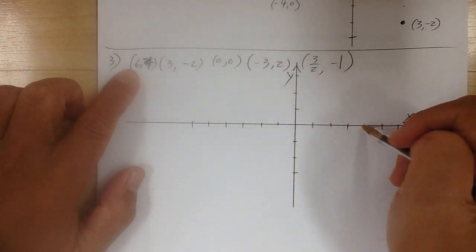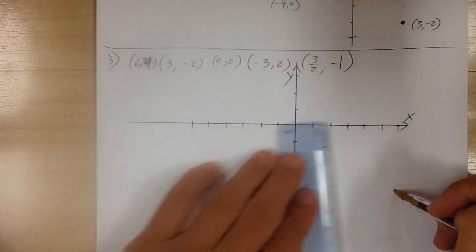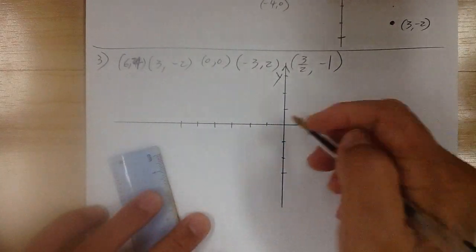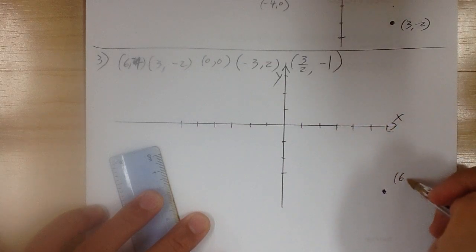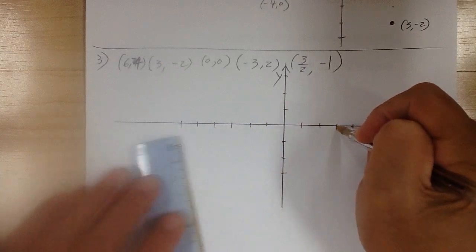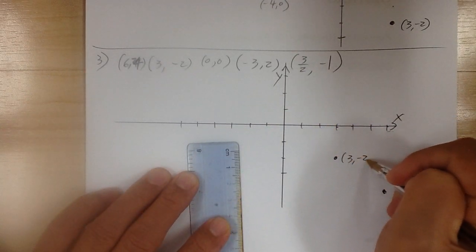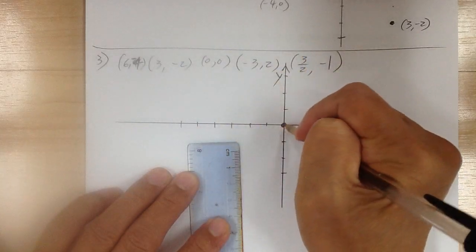Okay, so let's graph. So the first one is (6, -4). So 1, 2, 3, 4, 5, 6. Negative 4. It's going to be right over here. Next one is (3, -2). So here's your (3, -2). Next one is (0, 0). So it's right over here.